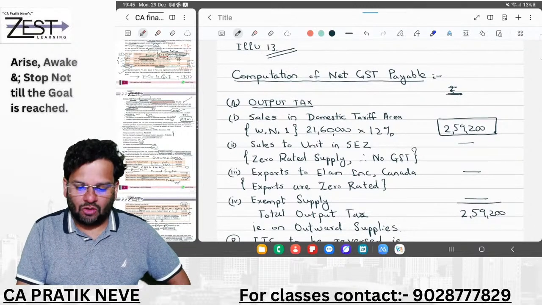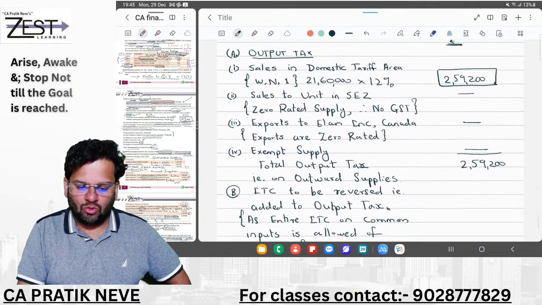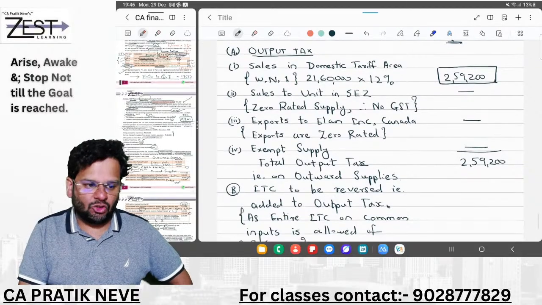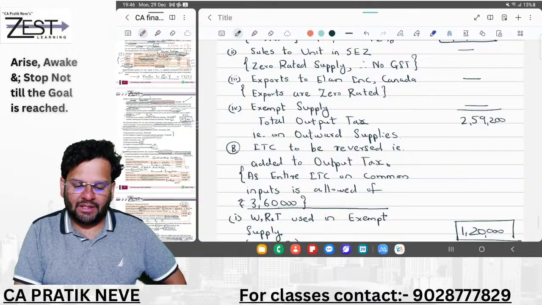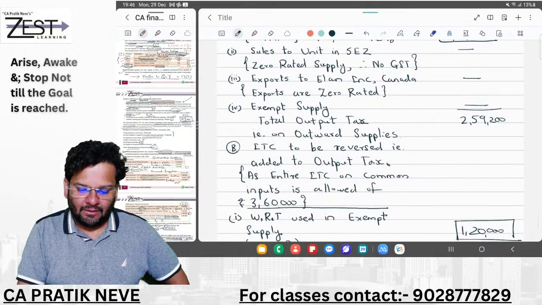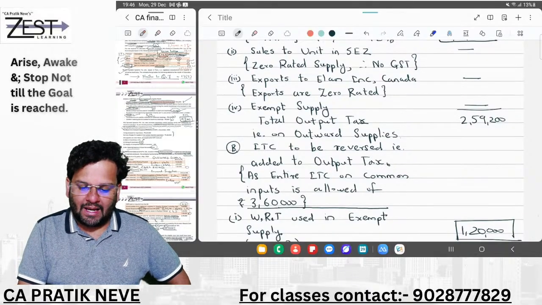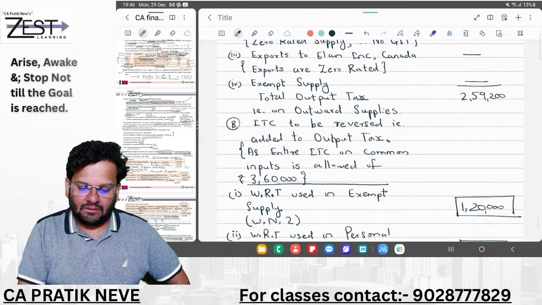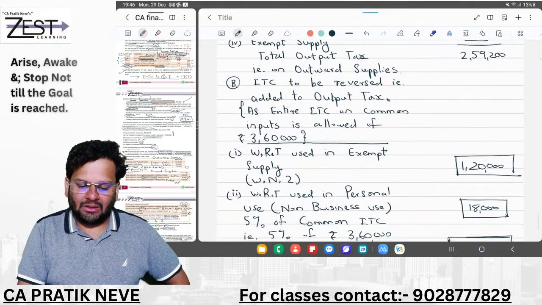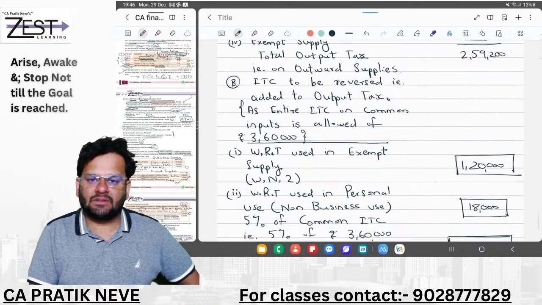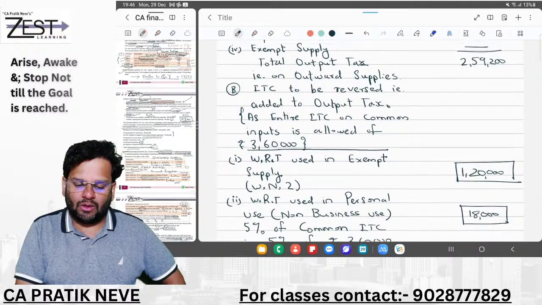So computation of net GST payable, output tax, sales in domestic tariff area, I have shown it. Then sales to unit in SEZ, no tax. Exports to LN Inc., no tax. Exempt supply, no tax. Total output tax on outward supplies, 2,59,200.